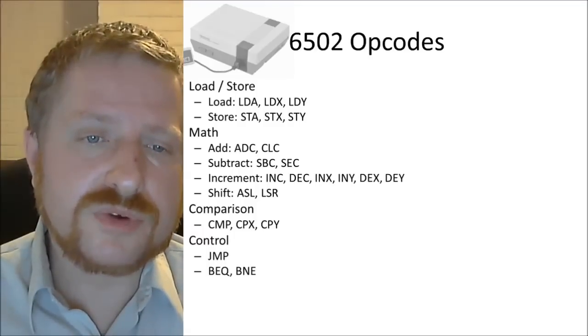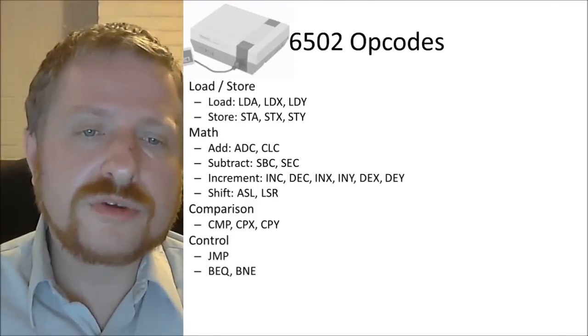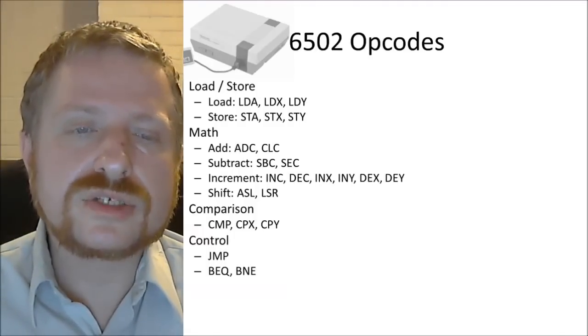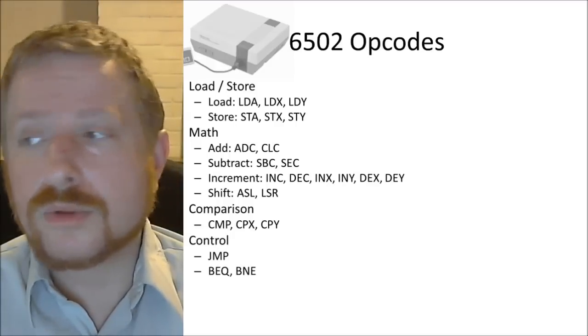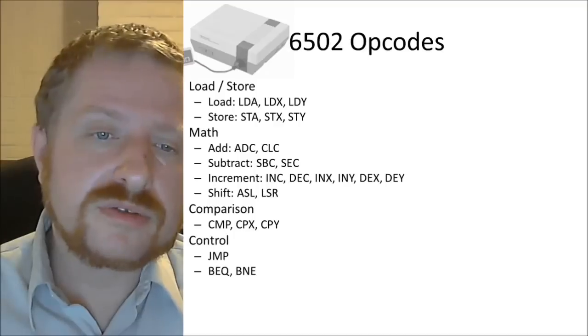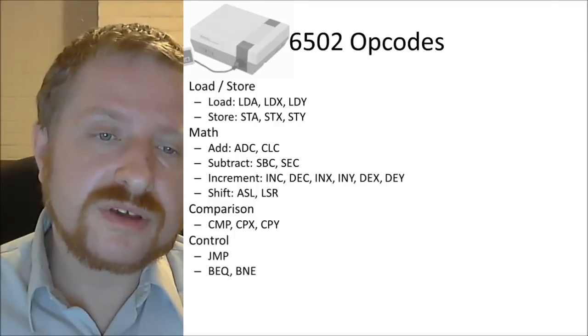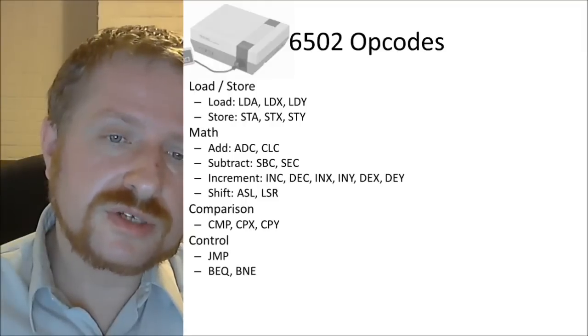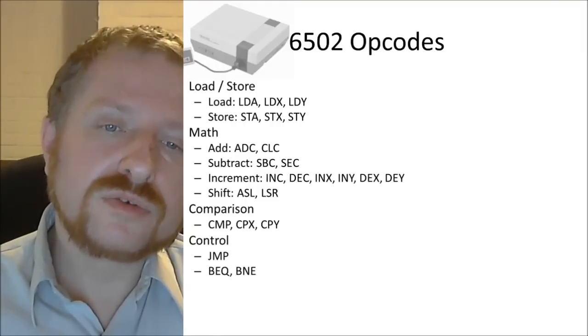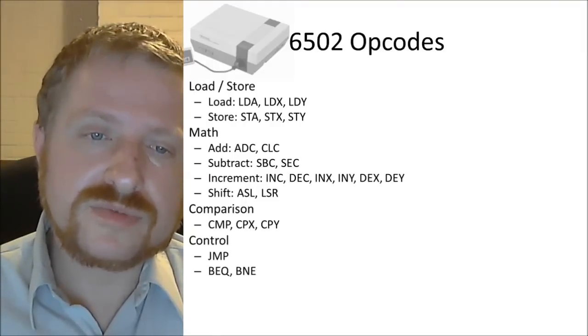You have a limited number of math operations. You have add, subtract, and I'll also mention that each of the values in your game are only 8-bit integers. So if you go over 256, it's going to overflow. So you got to take special considerations if your values are going to add to more than 256.